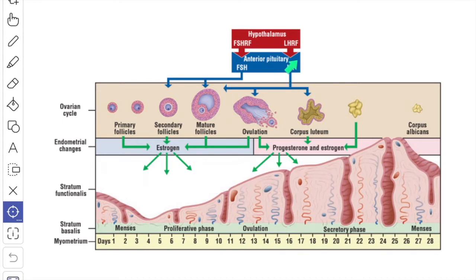The LH surge is important for the conversion of the primary oocyte into the secondary oocyte and initiates ovulation. The feedback effects of estrogen on the anterior pituitary are triggered by releasing hormones from the hypothalamus.